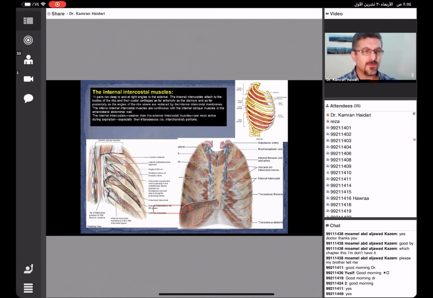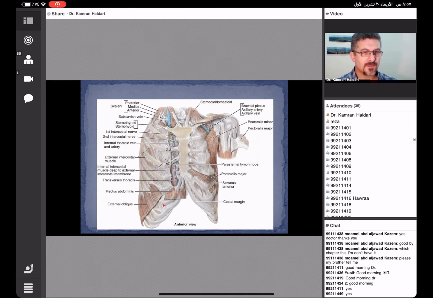And external intercostal muscles arise from the external surface of the rib, or lateral margin, or inferior border is better.